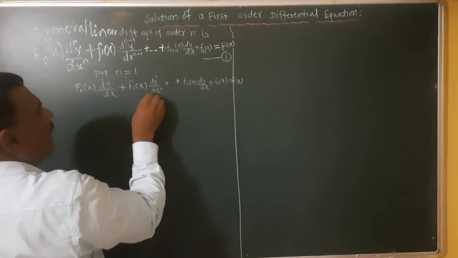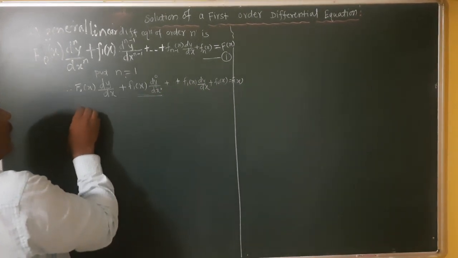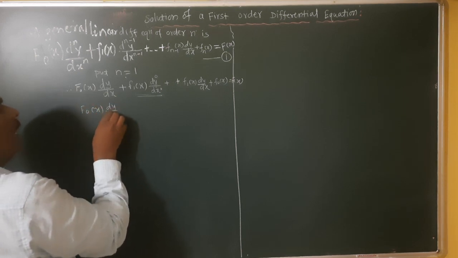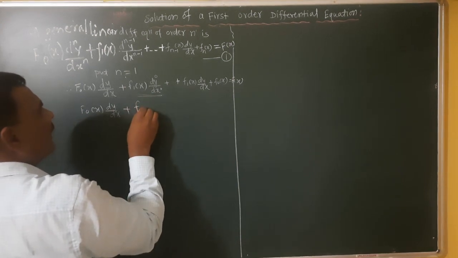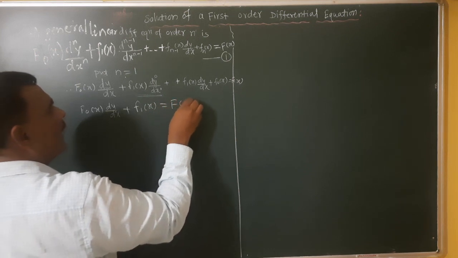Finally, this is the general equation: f0 of x into dy by dx plus f1 of x into y is equal to f of x.